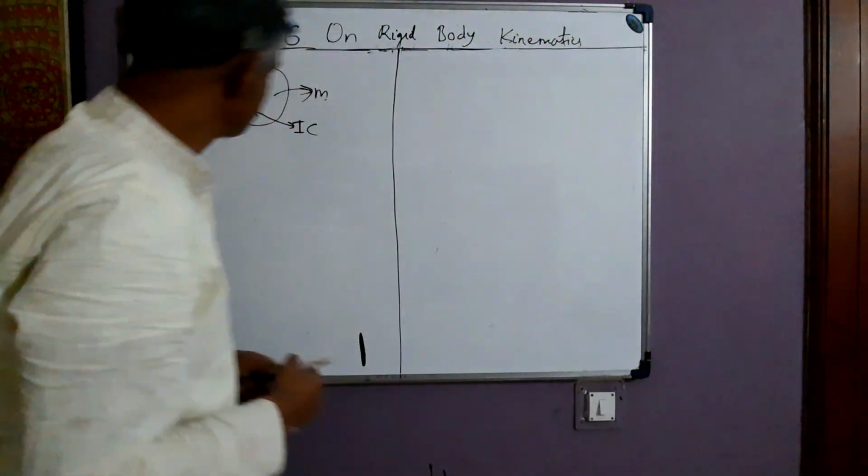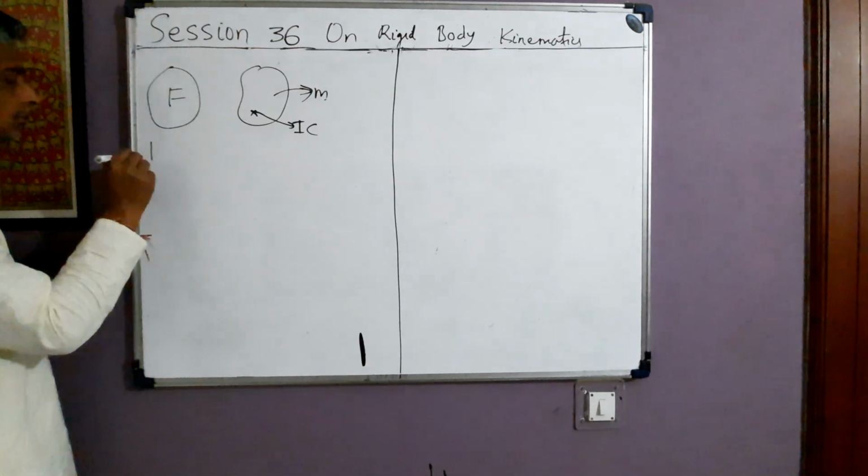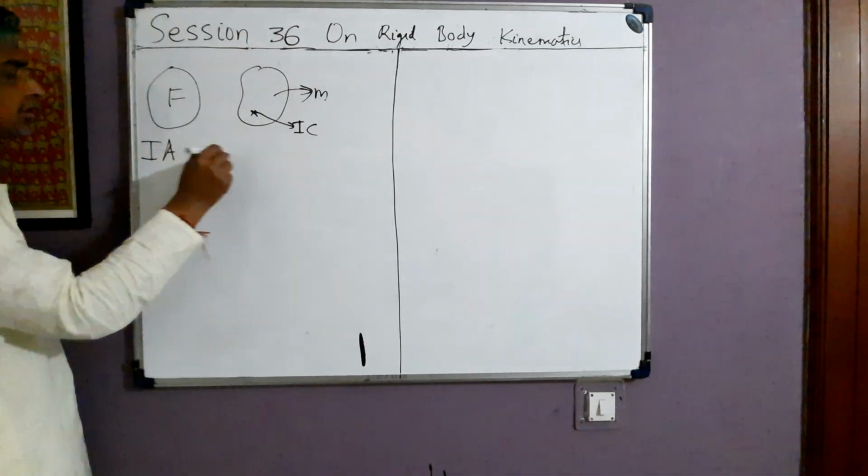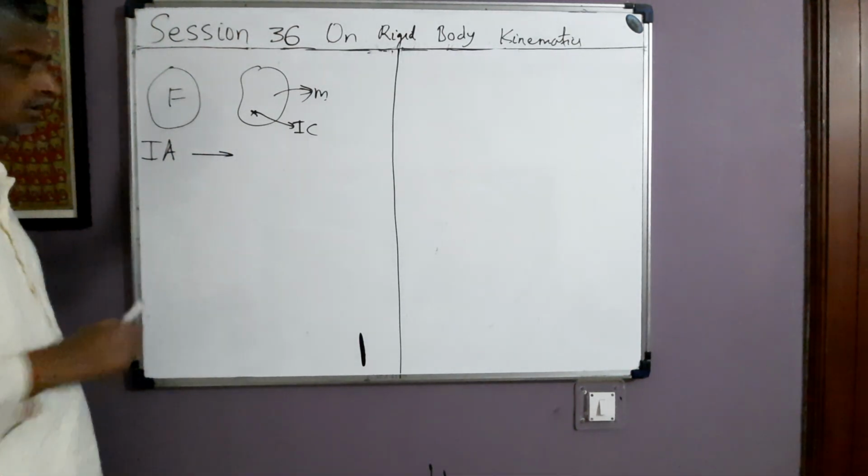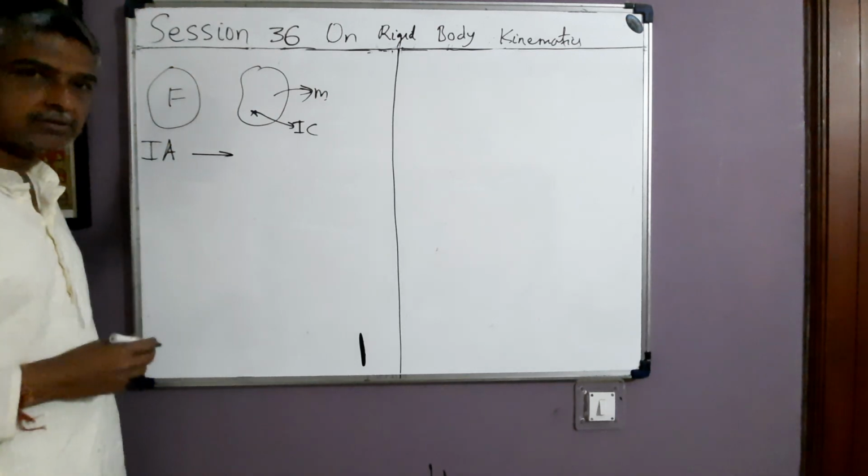So what is meant by instantaneous axis of rotation? Instantaneous axis of rotation is written in short as IA, I for instantaneous, A for axis.